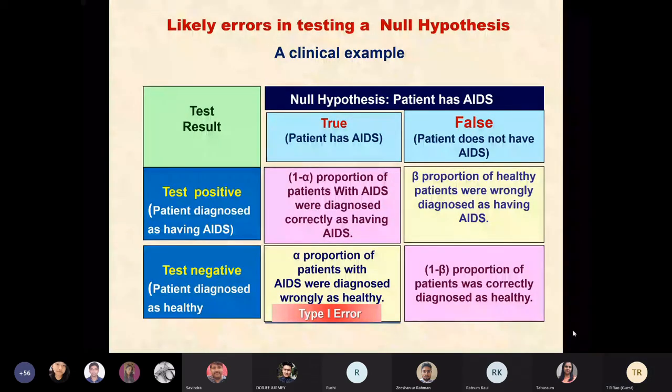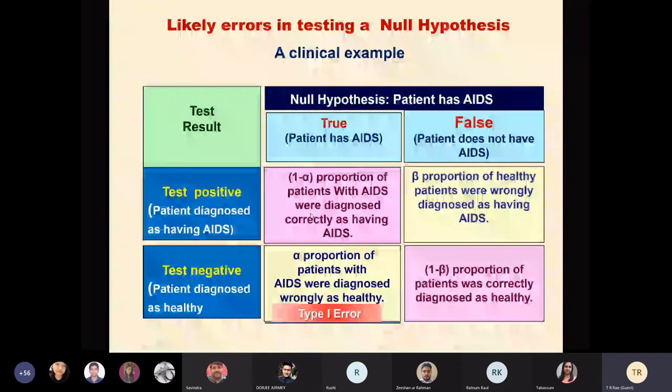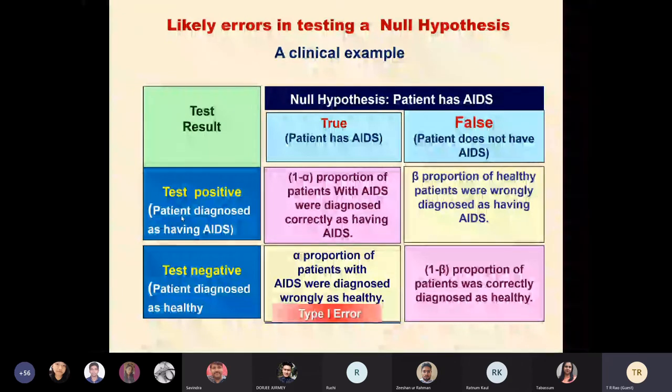And this one, healthy patients were wrongly diagnosed as having AIDS. That is terrible. Your test made him feel miserable that he has AIDS and his wife will just desert him, maybe go for a divorce and all those things, just because your test goofed. So these are the two errors that happen.